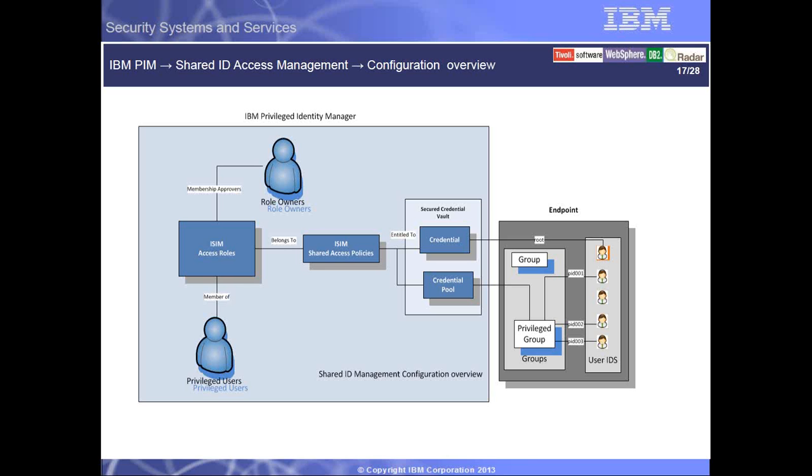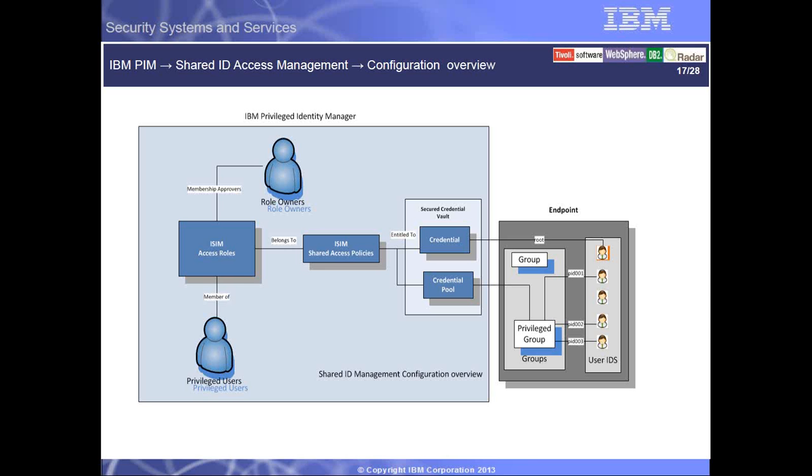So here, let's say you have privileged users and you have the role owners. What you could do is create ISIM access roles for each of these privileged credentials or the pools which you have defined. So it could be a domain administrator, or it could be a Windows local administrator. So you can define these roles.